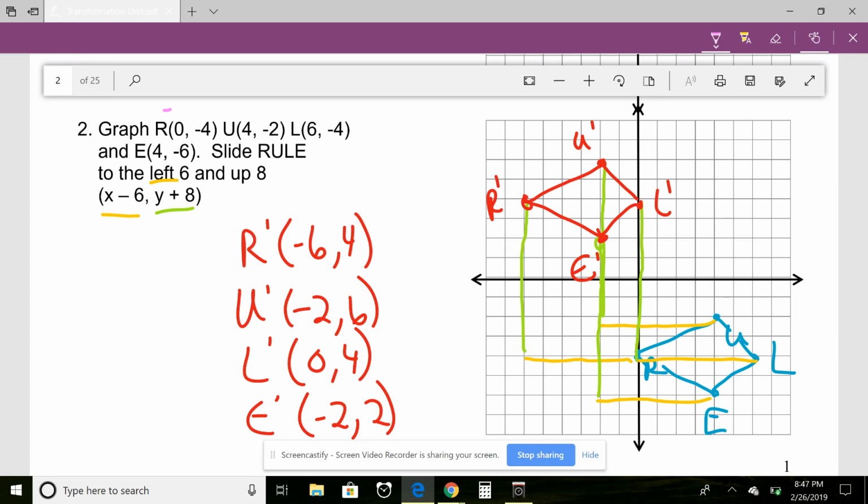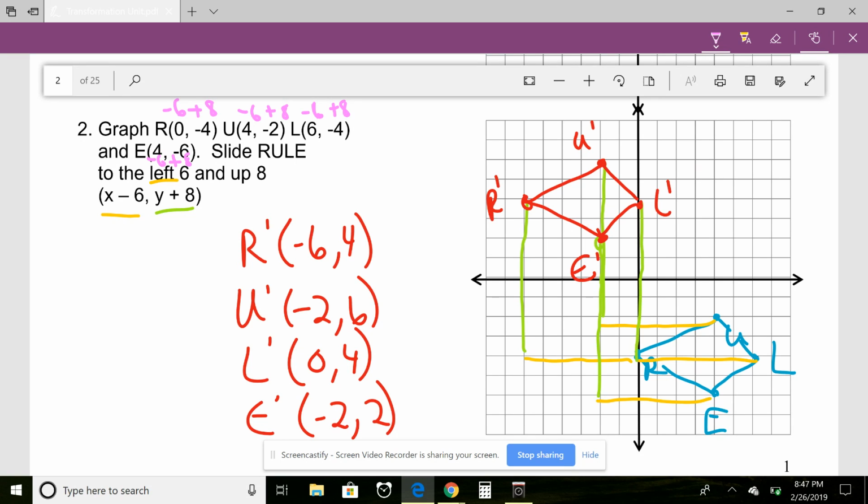So if we subtract 6 and add 8 to each of these numbers here, right? 0 minus 6 is -6. -4 plus 8 is +4. 4 minus 6 is -2. -2 plus 8 is 6. 6 minus 6 is 0. -4 plus 8 is 4. 4 minus 6 is -2, and -6 plus 8 is +2.